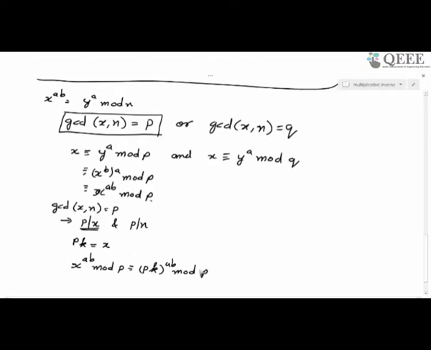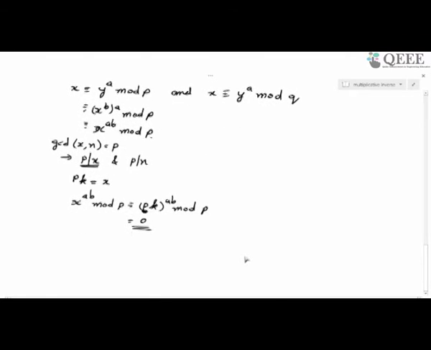This is the right hand side of the equation, and because of the p term, any power of p into k modulo p should be equal to 0. So if you take this very large number, p into k to the power of ab, and find the remainder when divided by p, you will get 0.